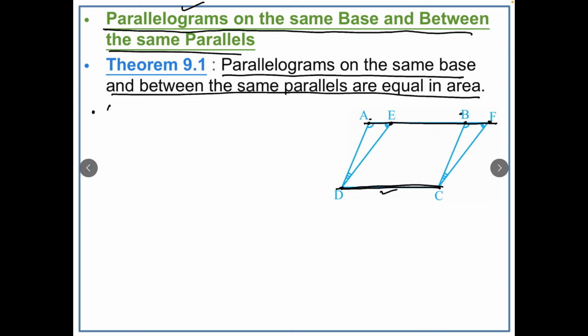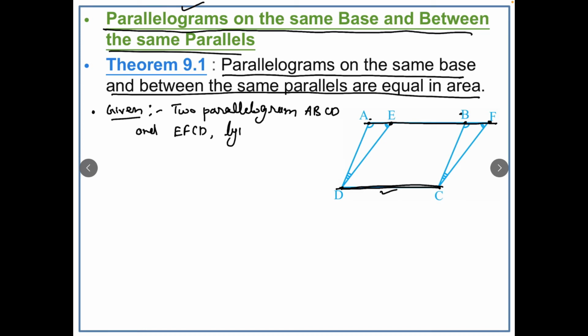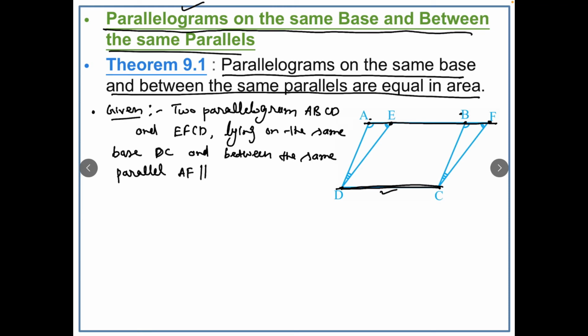First we will write the given part. Given here are two parallelograms, ABCD and EFCD, which are lying on the same base, which is DC, and between the same parallel lines, AF parallel to DC.